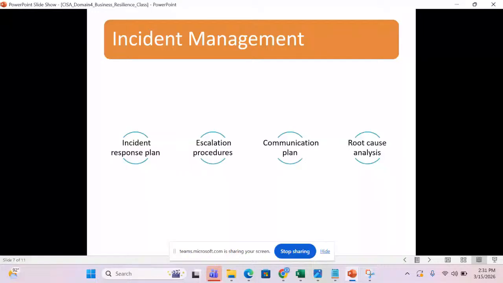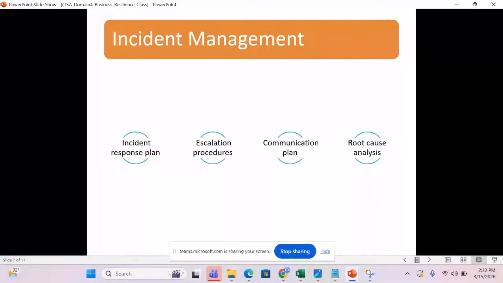So that's how you actually identify your root cause analysis. You now document and say, this is my actual root cause analysis.